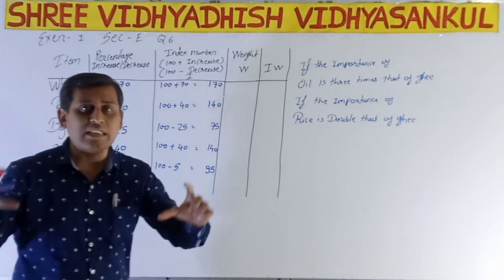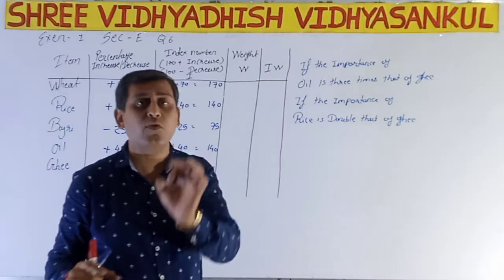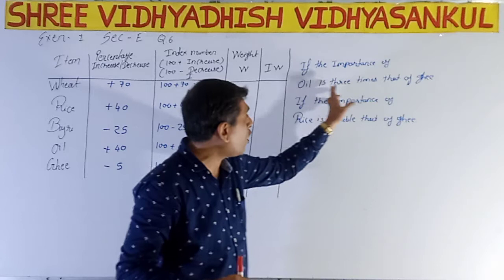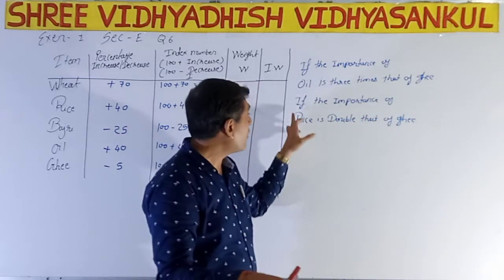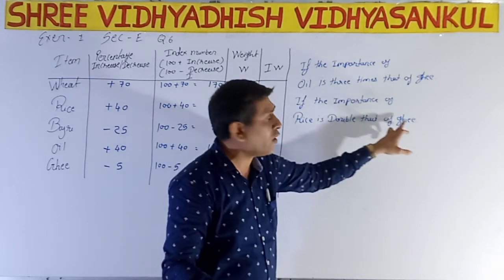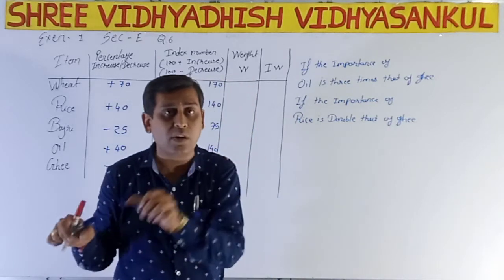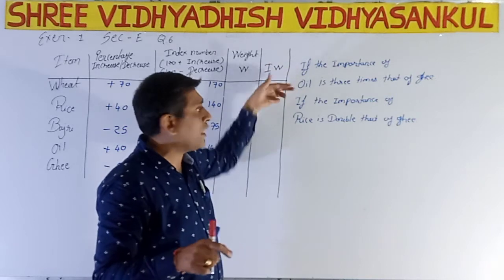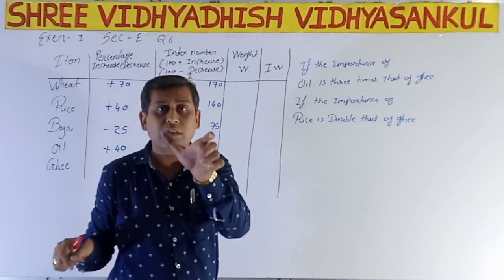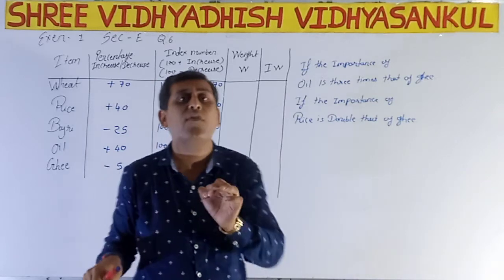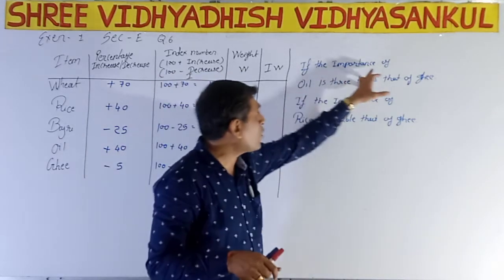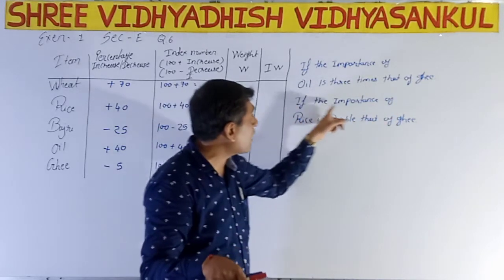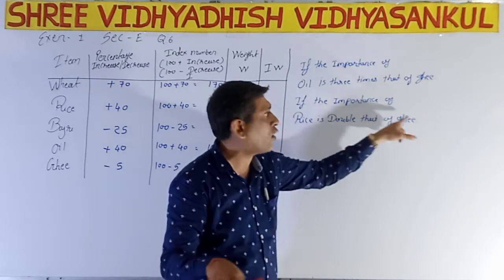Here 2 sentences are merged, and you have a confusion in this particular sentence. If the importance of oil is 3 times and rice is double that of ghee. This is the sentence given in the question. But what is the meaning of this? These are 2 sentences merged into 1 sentence, and that's why you have a doubt. If the importance of oil is 3 times that of ghee, and the second one is if the importance of rice is double that of ghee.